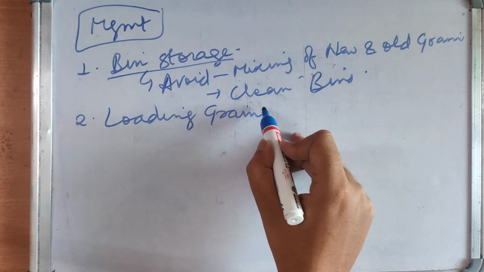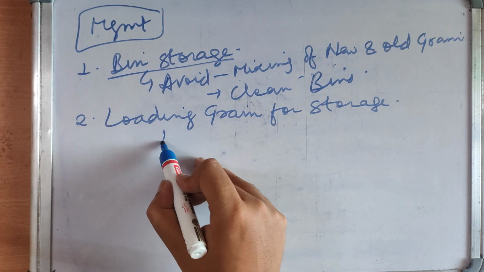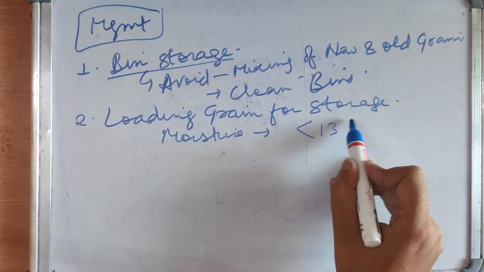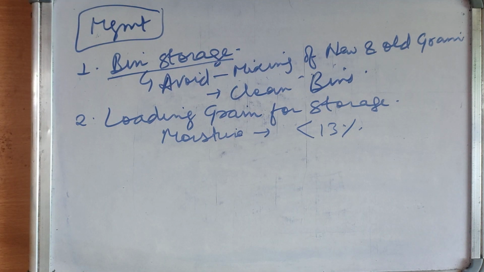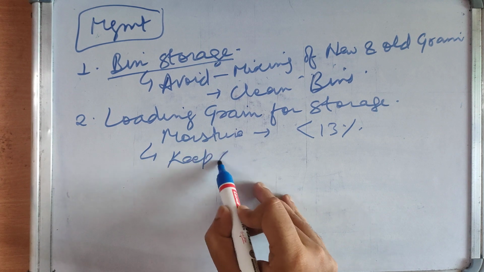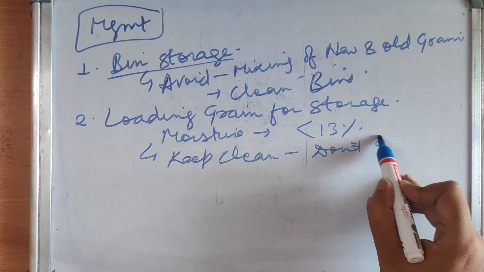Secondly is loading grain for storage. While loading grain for storage, the moisture of the grain should be less than 13%, and the grain should be clean. Don't overfill the storage.